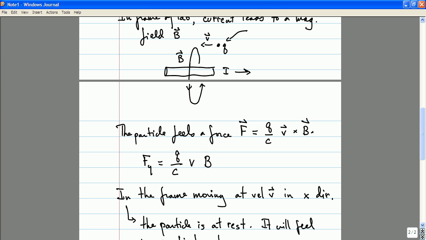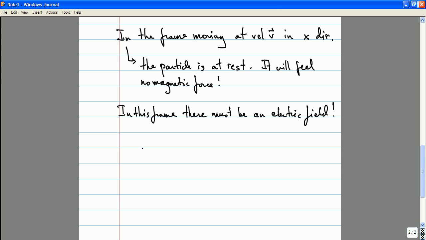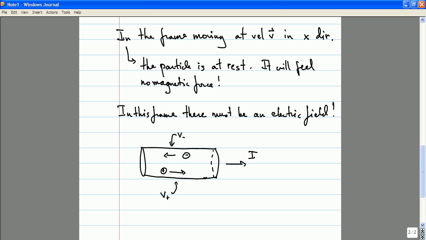Okay. And why should that be the case? Well, let's consider again our microscopic model of our wire. So we had some negatively charged particles moving to the left and some positively charged particles moving to the right. And these particles will be moving at some typical velocity. So the typical velocity of one of the negatively charged particles I'll call V minus. And the typical velocity of one of these positively charged particles I'll call V plus.